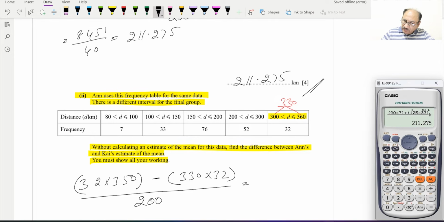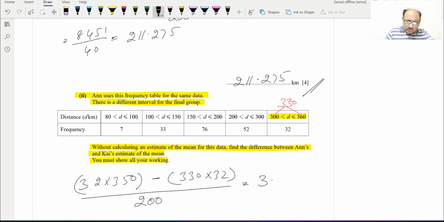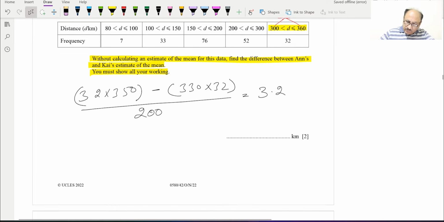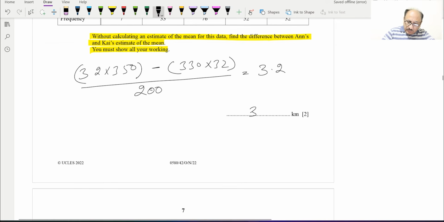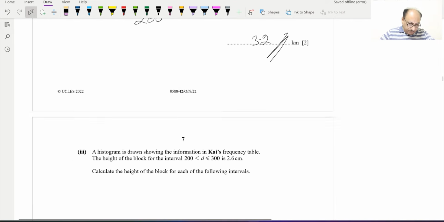This will be 32 multiplied by 350 minus 330 multiplied by 32, divided by 200, which is equal to 16 over 5, which we can write as 3.2. So 3.2 kilometers will be the difference, which we can provide as the answer for 2 marks.